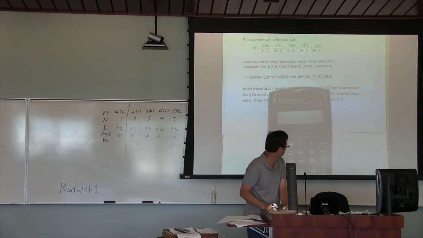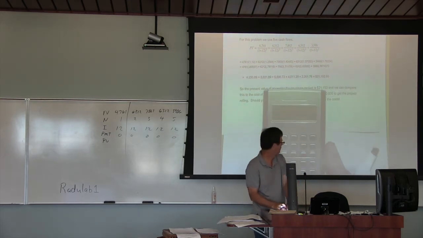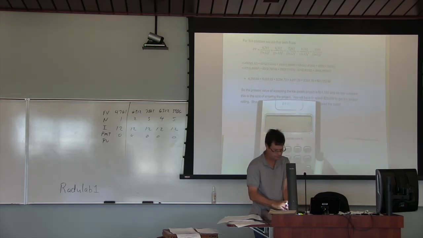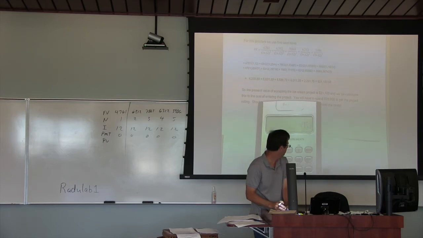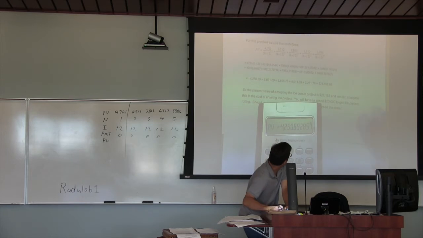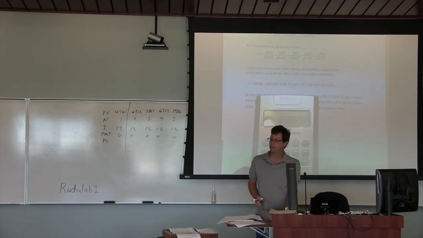Let me try this one. $47.61 as your future value, 0 for the payment, 12 for I, 1 for N, and you compute out the PV there. So that gives you the 4250.89 right there.